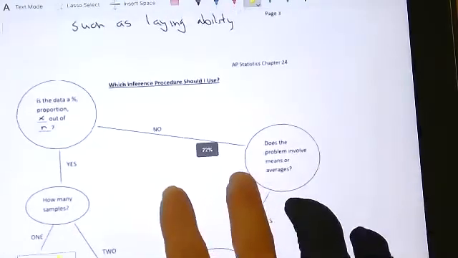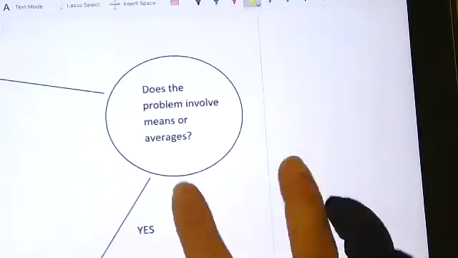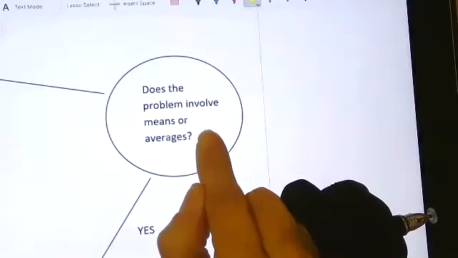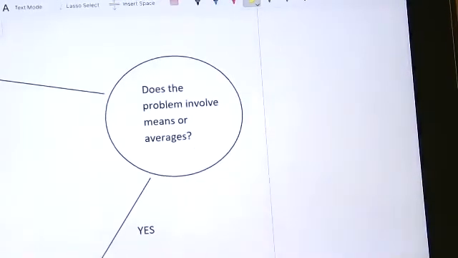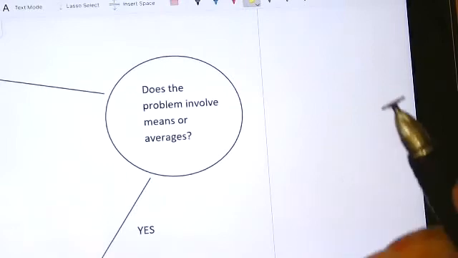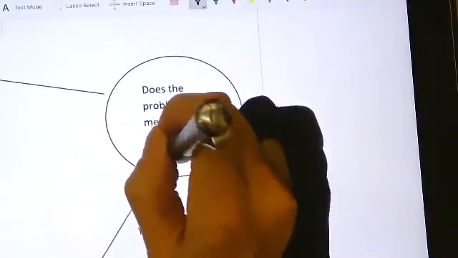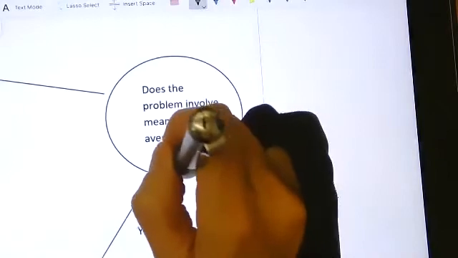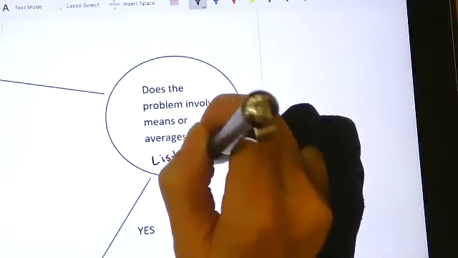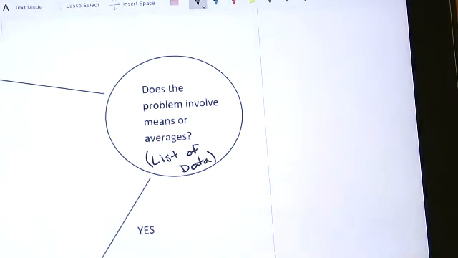Okay, if you decide it's not proportions, double check. Does the problem involve means or averages? So if you're reading the problem and it talks about the mean or the average, or data is given as another indicator here. So you're given a list of data, kind of like we had with the hypnosis, a list that you would actually put into your calculator.